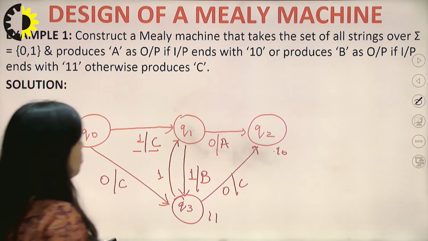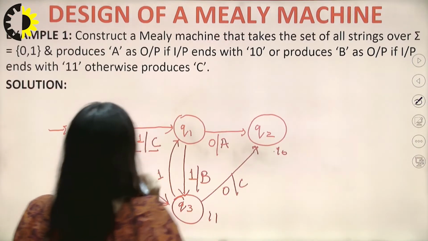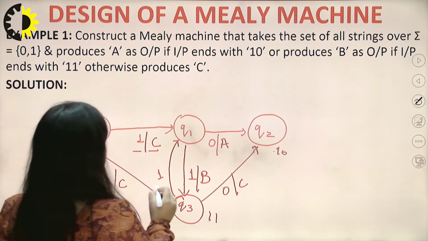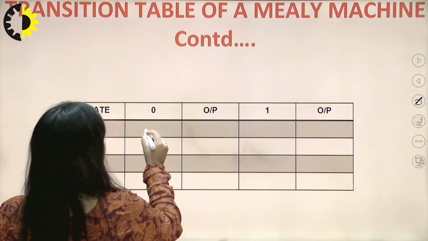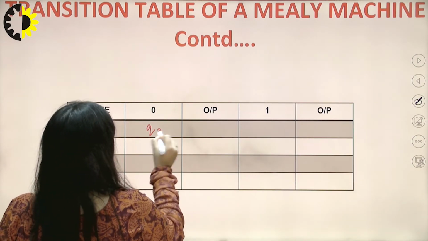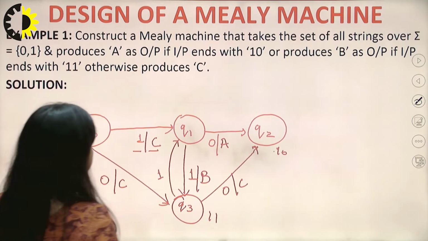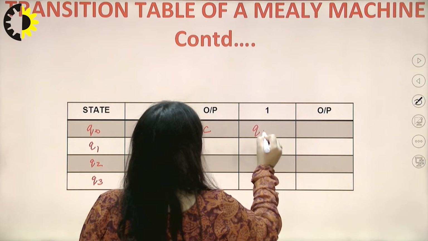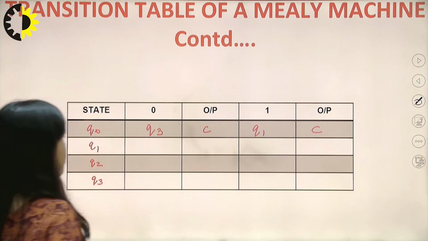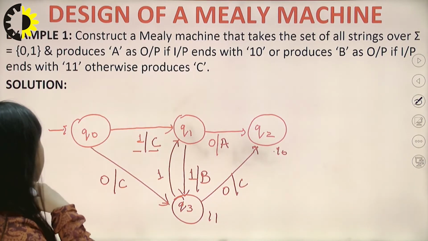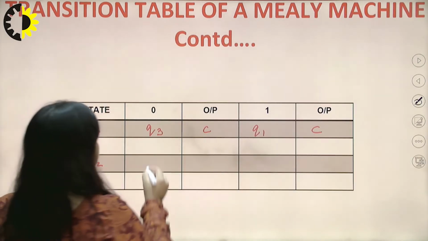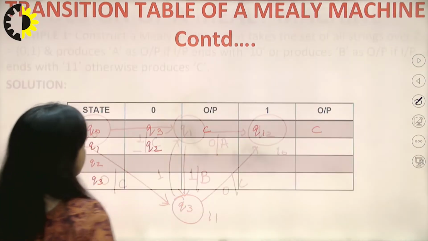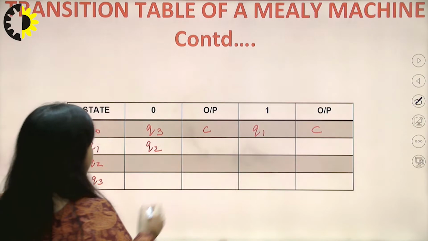With input 0, we are getting Q3 and C. With 1, we are getting Q1 and C. Similarly, with Q1, with 0 we are getting Q2, but the output here is A.